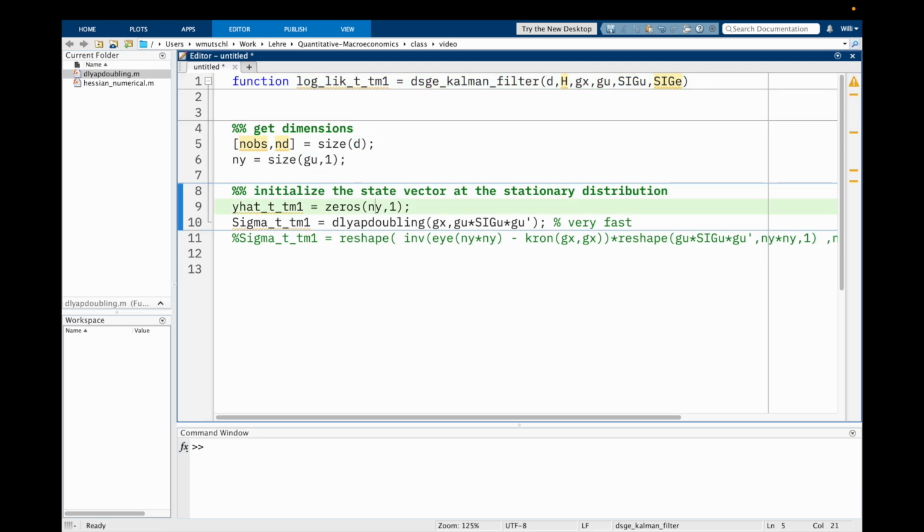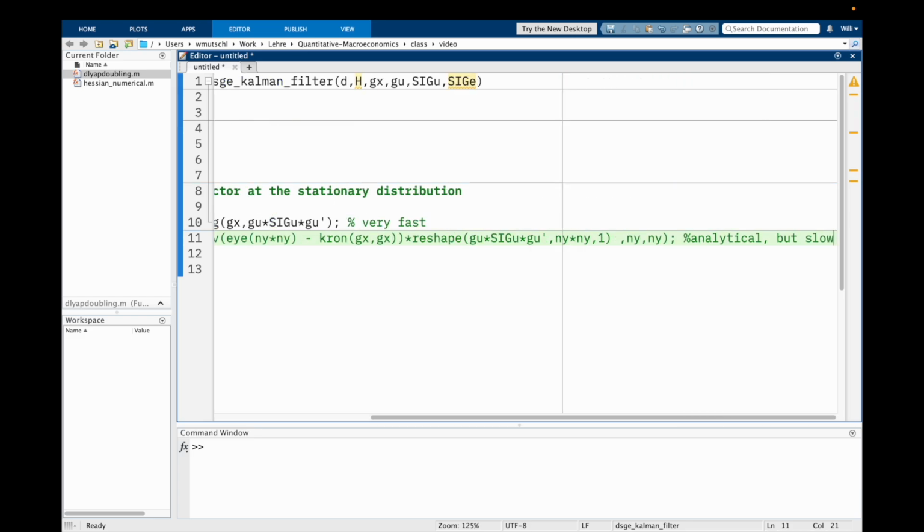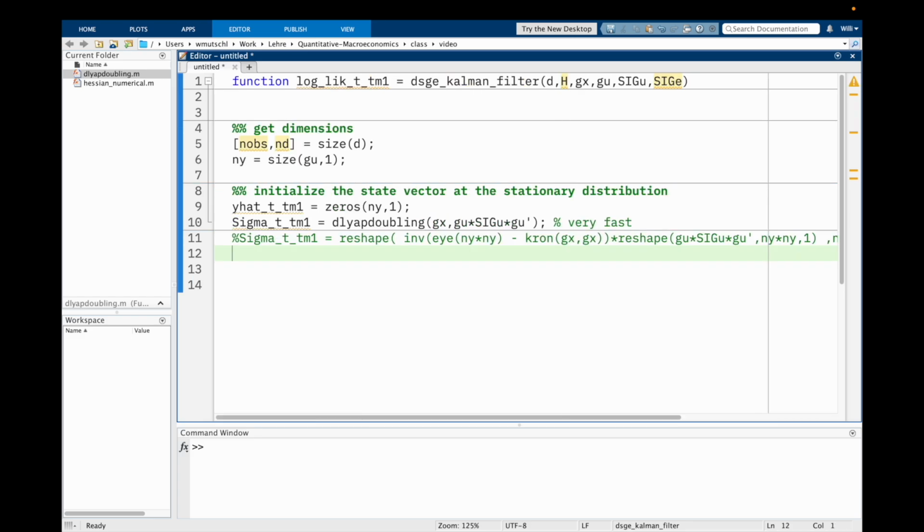Good. Okay, so we have initialized the state vector, and let's also initialize the output argument, so tm1. I always like to use nan, so I always know if something went wrong in the computations.